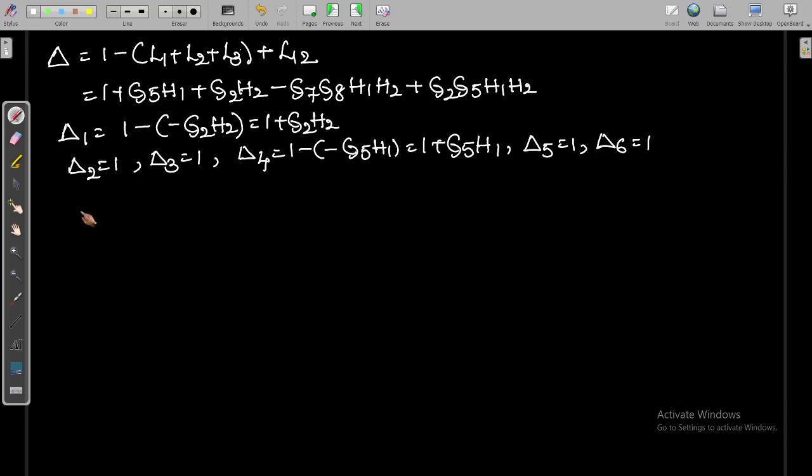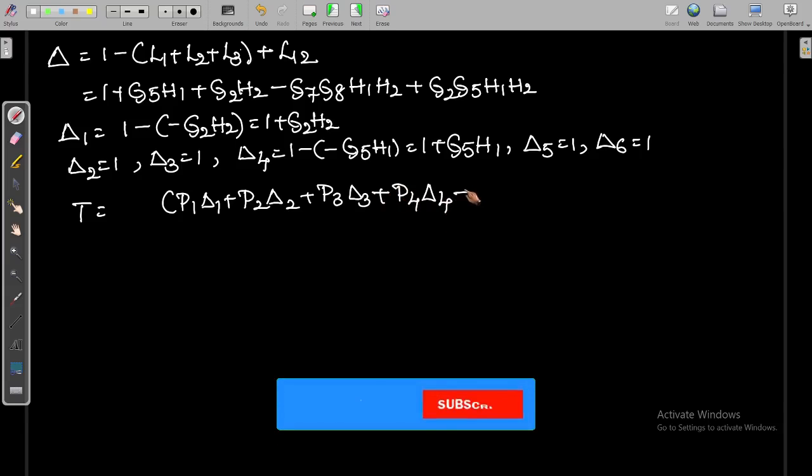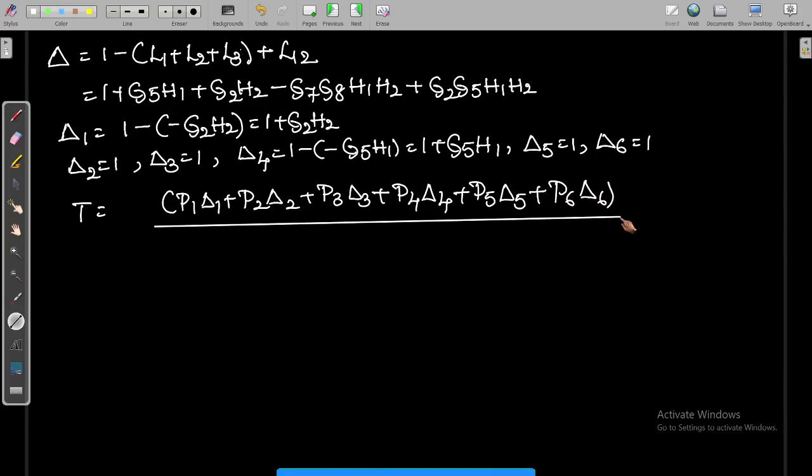So the total transfer function will be equal to, we can write, P1 delta 1 plus P2 delta 2 plus P3 delta 3, this is the Mason's gain formula, P4 delta 4 plus P5 delta 5 plus P6 delta 6, whole thing divided by simply delta.